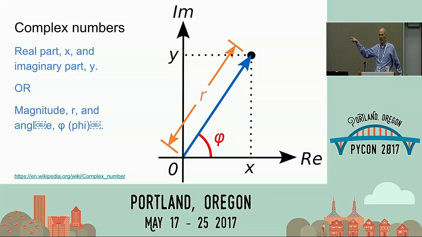So that same point in the plane can also be described by a radius r and an angle theta, where the angle is measured from the positive x-axis going in the counterclockwise direction. And those two pieces of information give you the magnitude and phase.